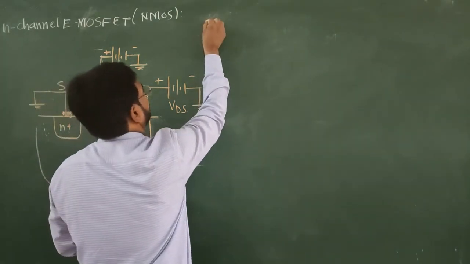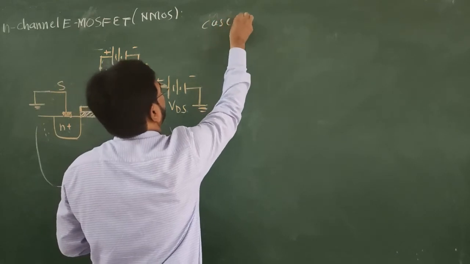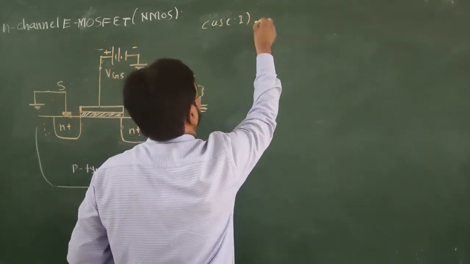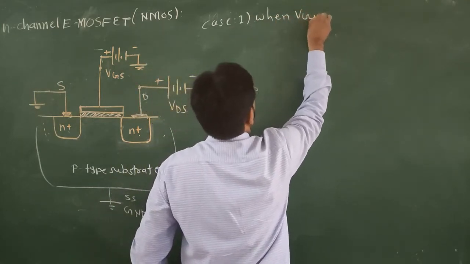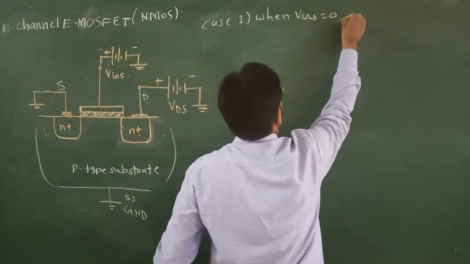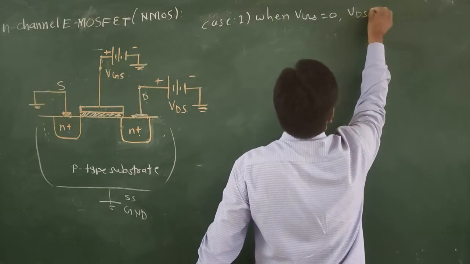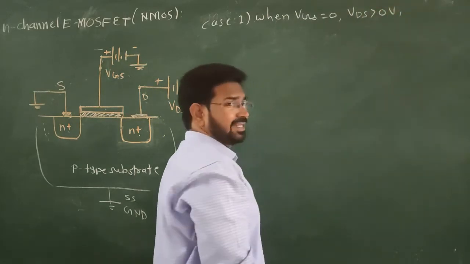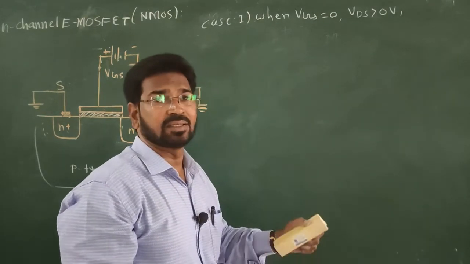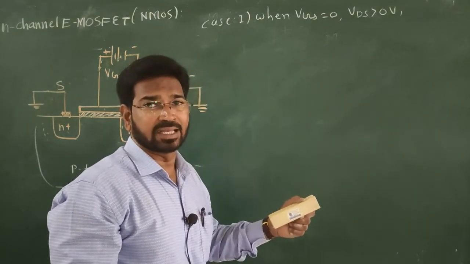Let us take case 1, when VGS is equal to 0 and VDS is greater than 0 volt, or we can say VDS is positive, it has some value, say 0.2, 0.3 like this.